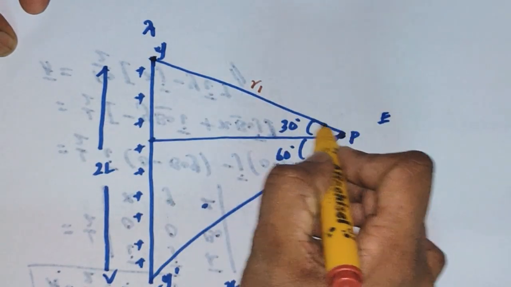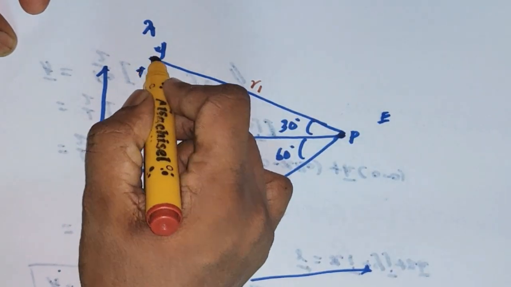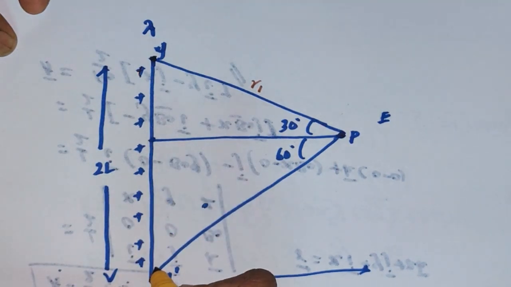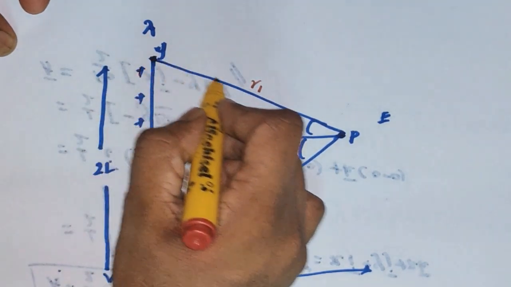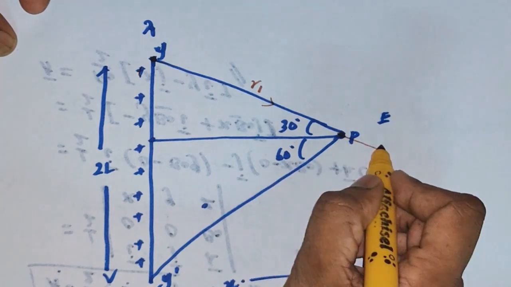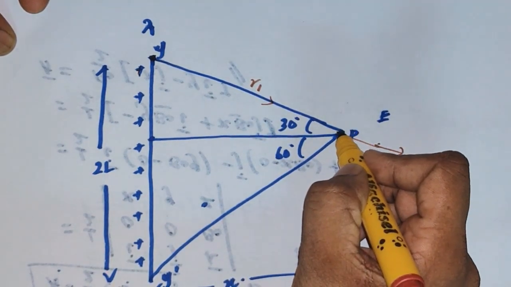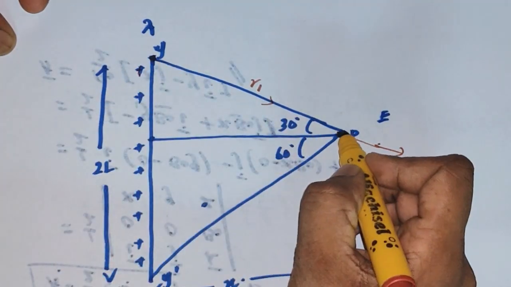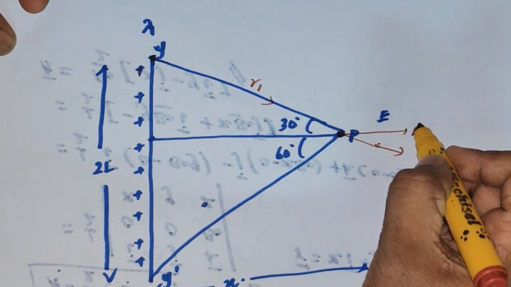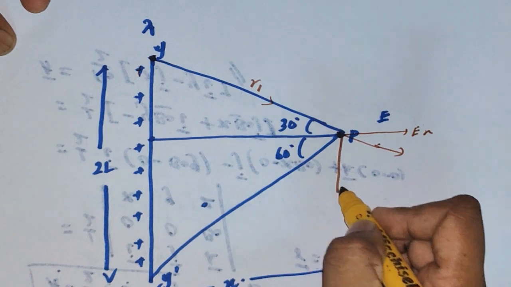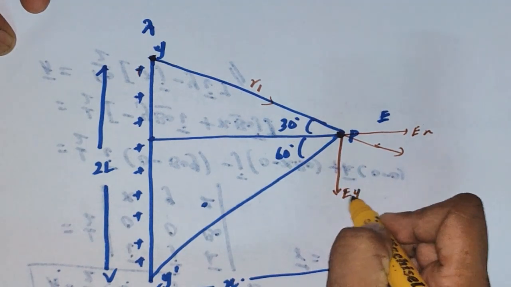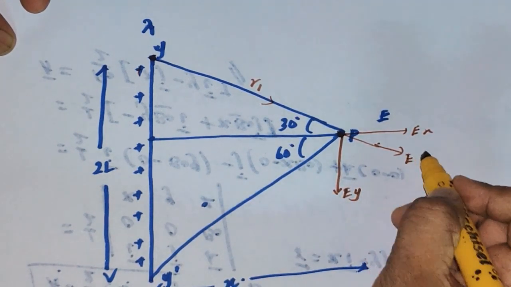Because this conductor is carrying the positive charge, the electric field emerges and goes along this direction. Due to this end it makes an x component of the electric field as well as a y component in the same manner. This is a net electric field.